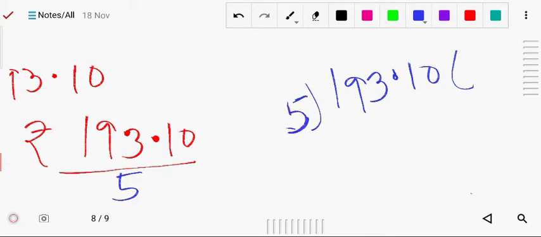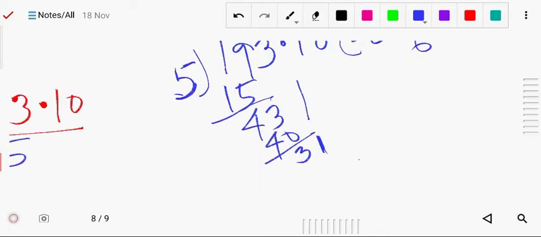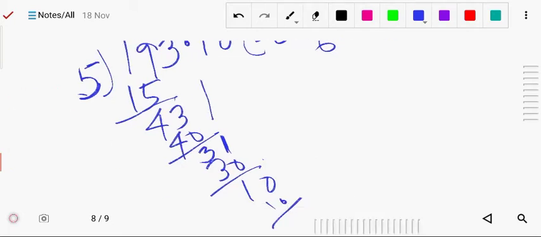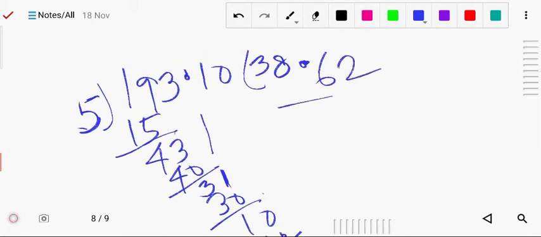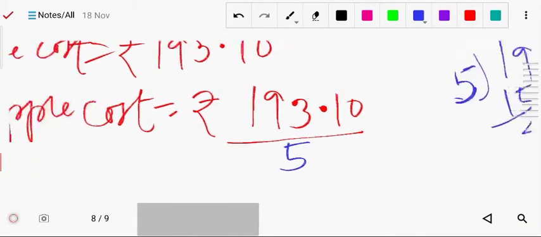Of course 3 times. It will be 15, then 4, again 3 here. How many times? 8 times. 40, 3 will be here. Now the decimal comes, so put the decimal there. Now 1 will come, 6 times, so it will be 30. Then 0 will come. 10, 2 times, so here will be 2. So we got 38.62.